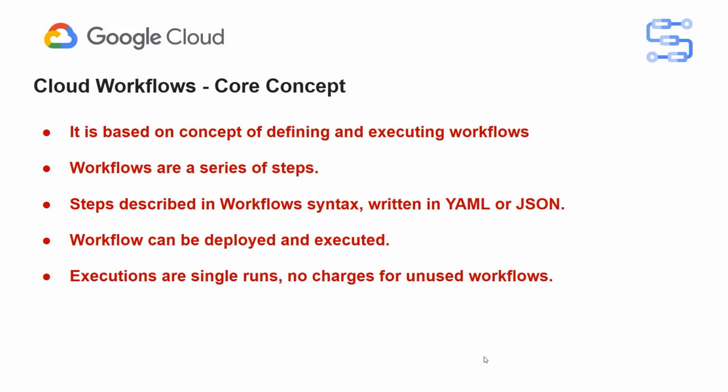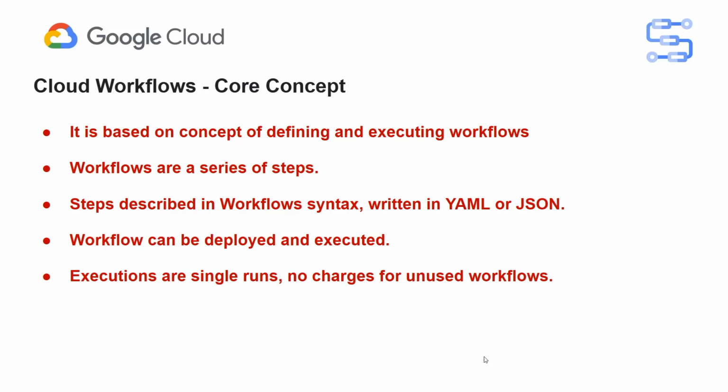An execution is a single run of the logic contained in a workflow's definition. And a workflow that hasn't been executed generates no charges. Workflows can be executed using client libraries, in the Google Cloud Console, using the Google Cloud CLI, or by sending a request to the Workflows REST API.